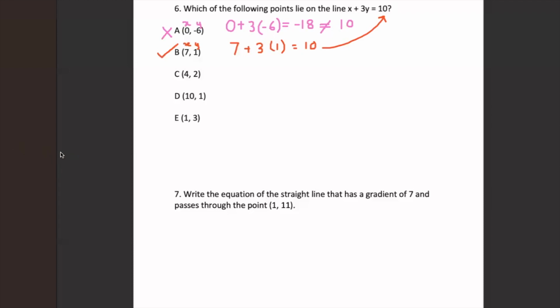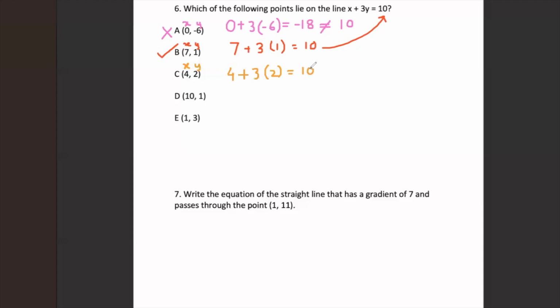Okay, so now let's look at the third point here with the coordinates 4, 2. So let's substitute again. x plus 3y: 4 plus 3 times 2, 4 plus 6, which is a 10.